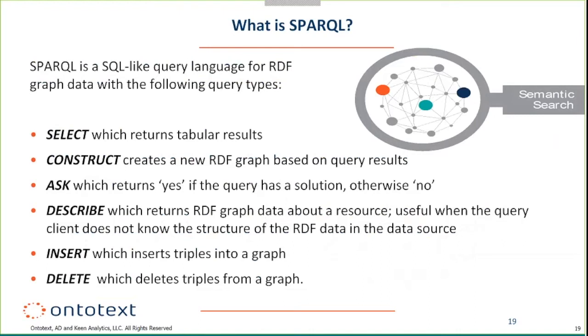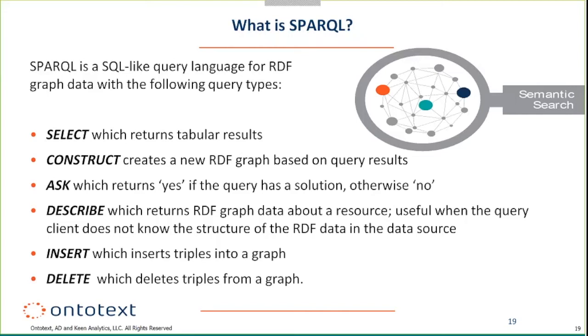You can also use construct if you want to create new RDF graphs based on the query results that you get. You can also use a simple ask query, which returns a Boolean value, either yes or no, describing whether there's a result that exists in the database that corresponds to your query.